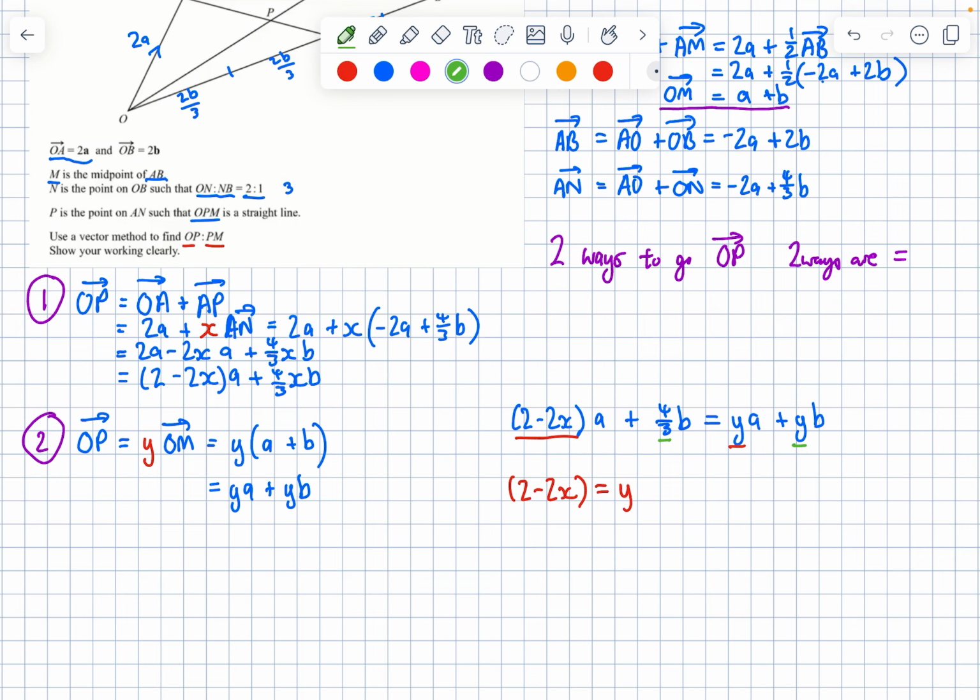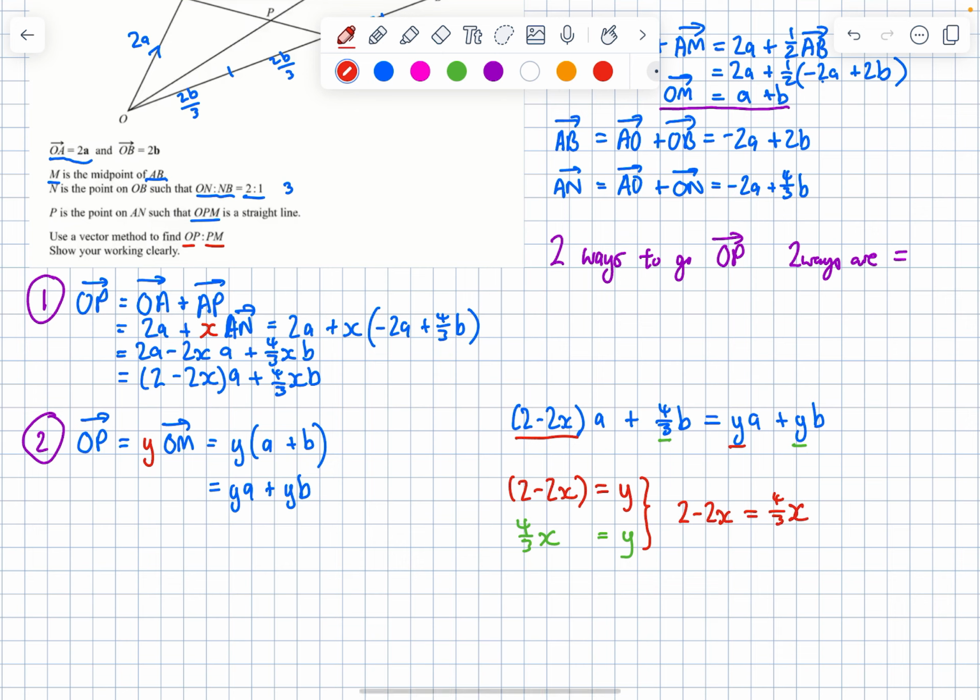And for b, 4/3 x is equal to y. Because they're both equal to y, they must be equal to each other, because if they equal the same thing, they must have the same value. So that means that 2 minus 2x equals 4/3 x.